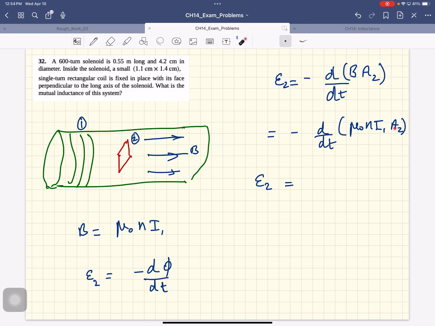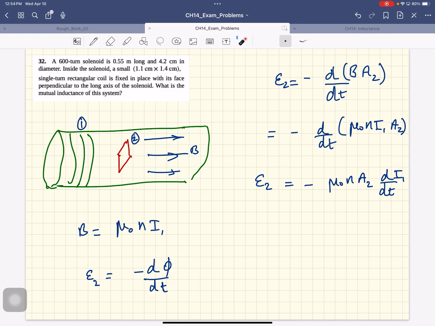N is not changing, area is not changing, only I1 is changing. So it's minus mu naught N A2 d by dt of I1. Because I1 is the only one changing, it is the only one affected by the derivative.